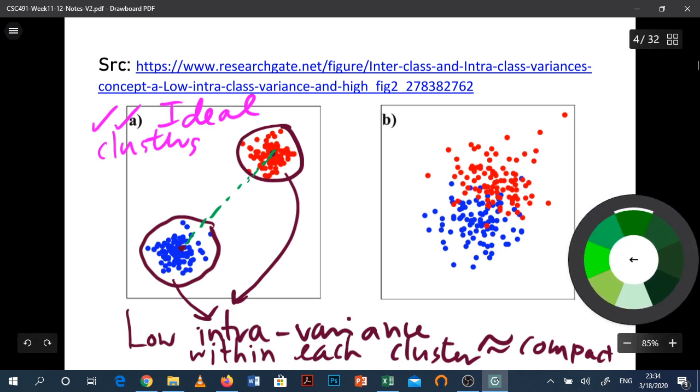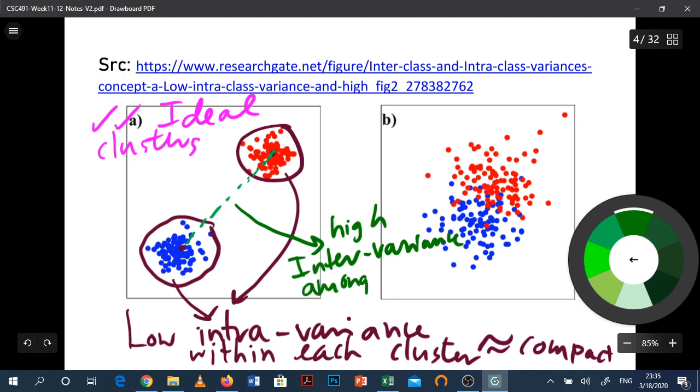This is a good thing because it implies high inter-variance among different clusters. That means there is no chance that we could confuse a data point as belonging to more than one cluster. So this is clear cut.